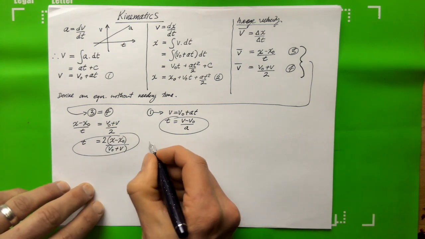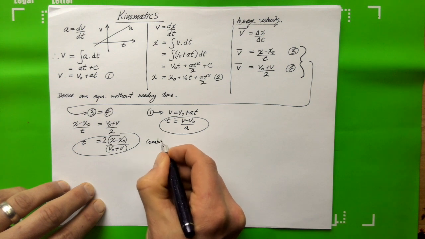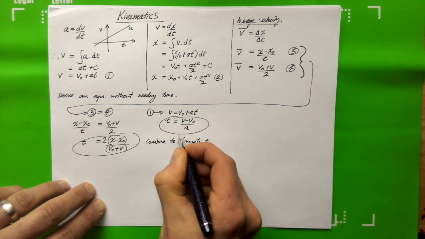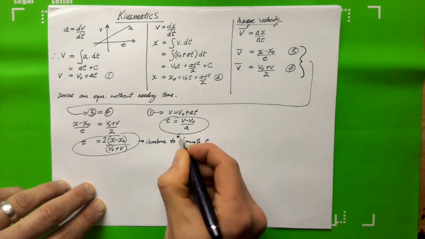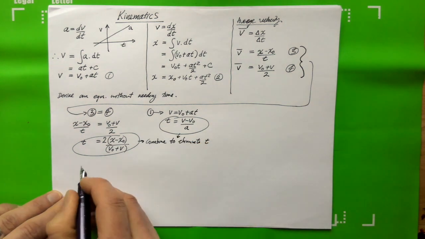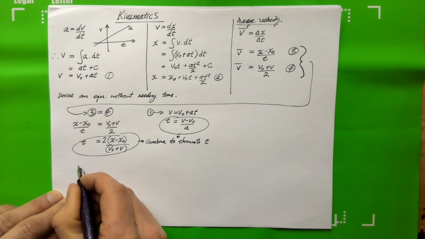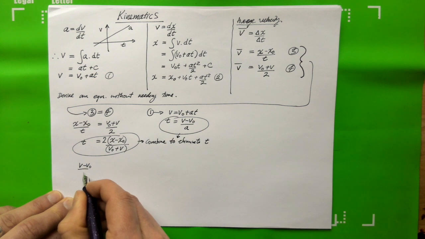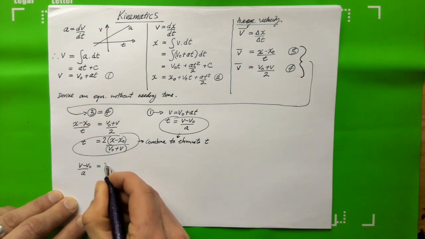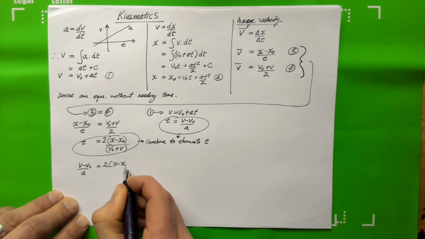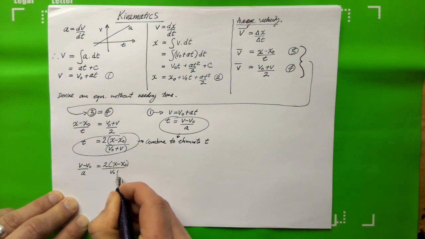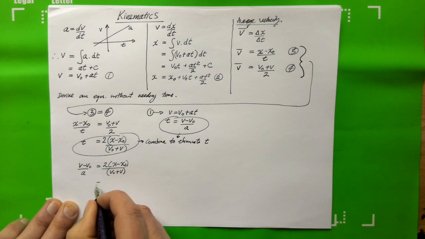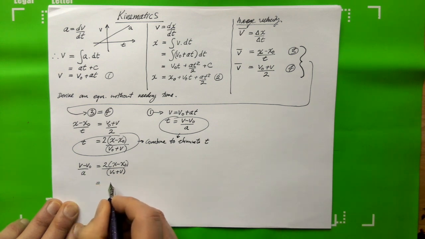We'll combine to eliminate t. v minus v0 over a equals 2 times x minus x0 over v0 plus v, which we can rearrange a little bit to deal with some of these factors.